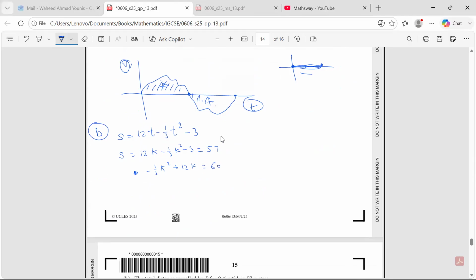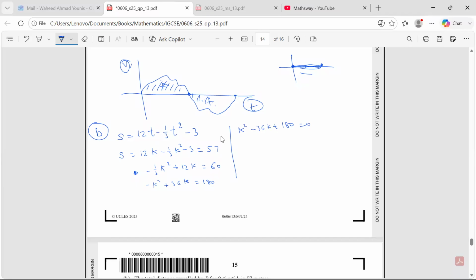If I multiply by 3 everywhere, it is minus k square plus 36k equal to 180. Am I right? So this is basically k square minus 36k plus 180 equal to 0.